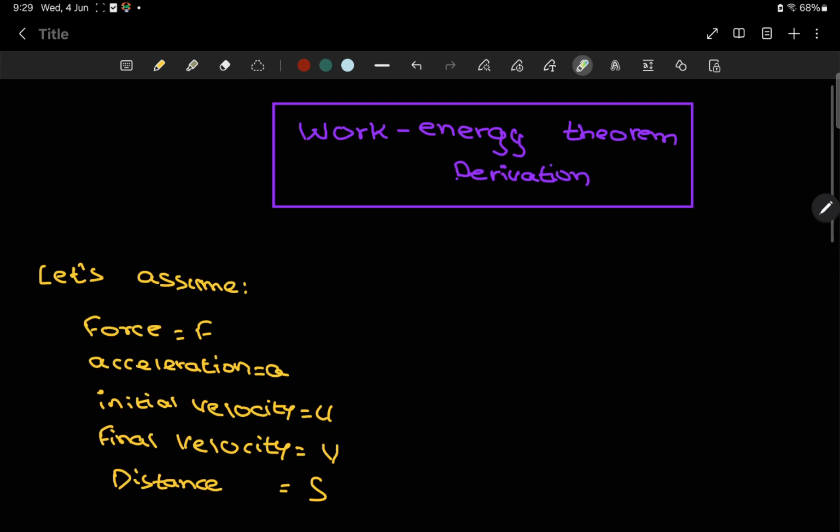Now let's see this work energy theorem derivation.